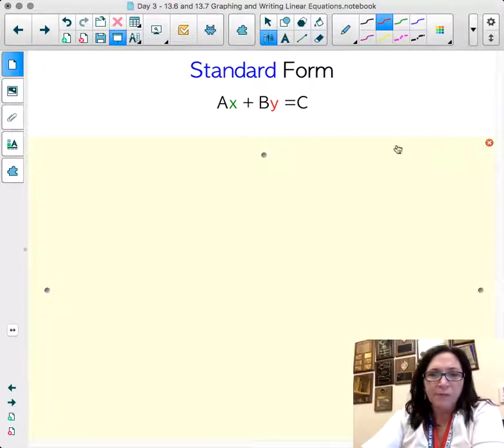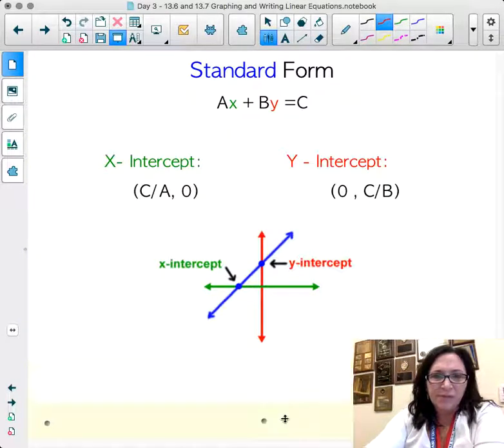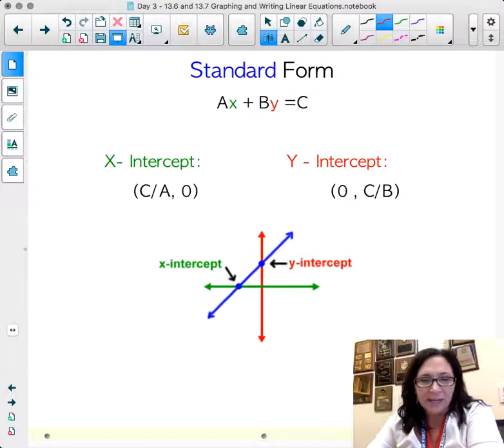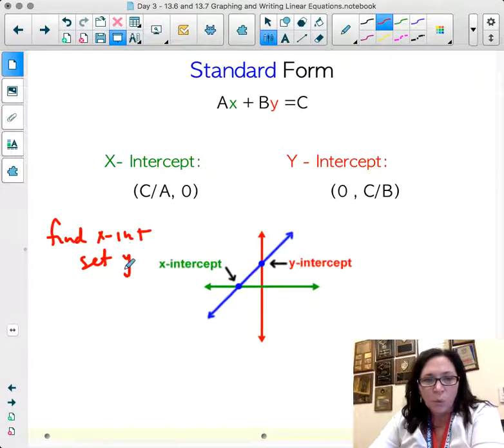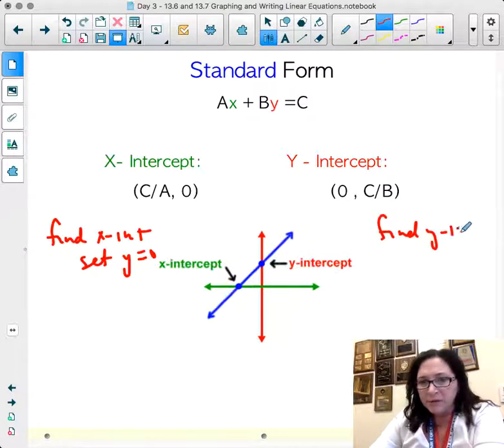Standard form, this just tells you that you're graphing by intercepts. Again, if you want to find the x-intercept, you set y equal to 0. If you want to find the y-intercept, you set x equal to 0.